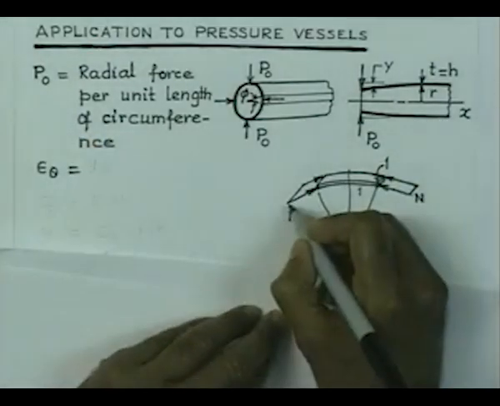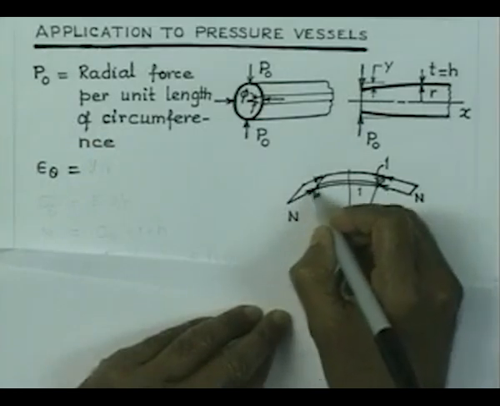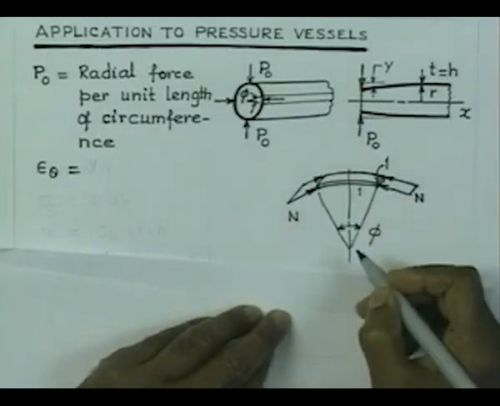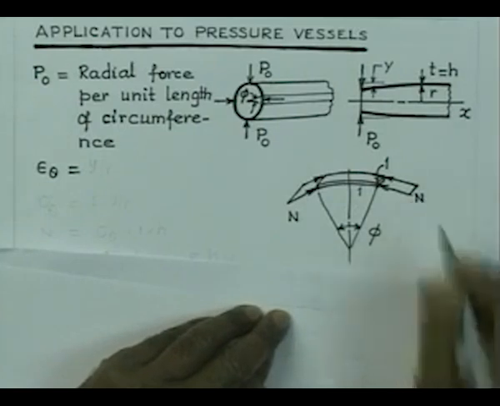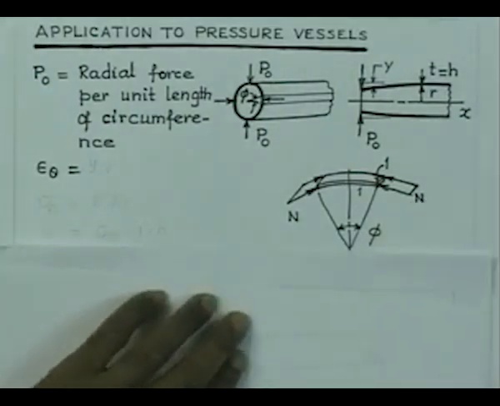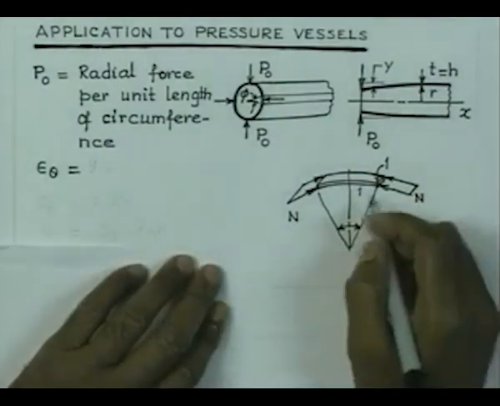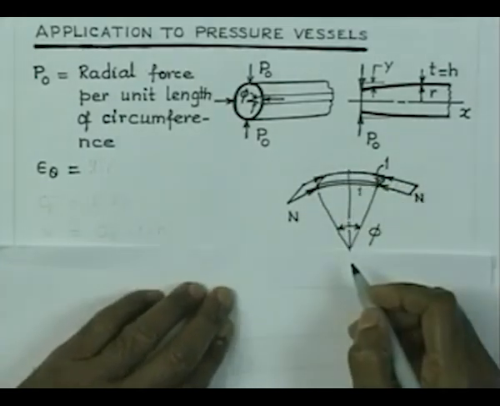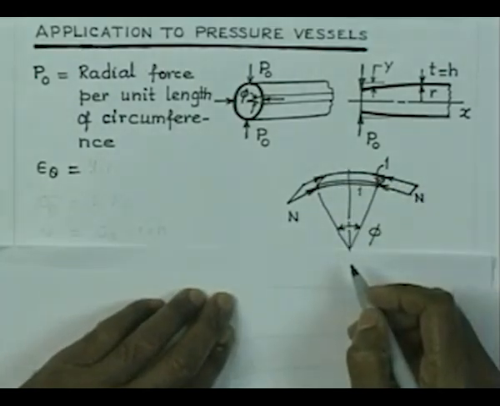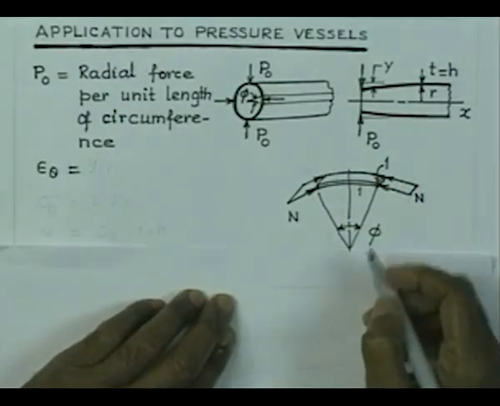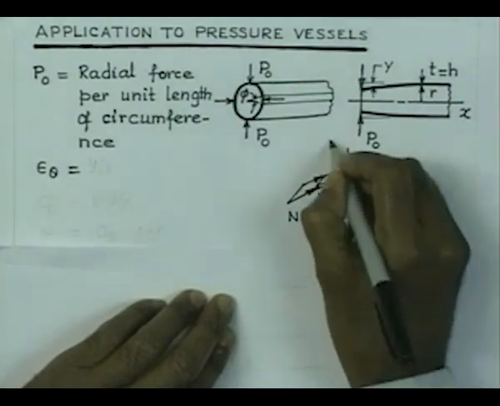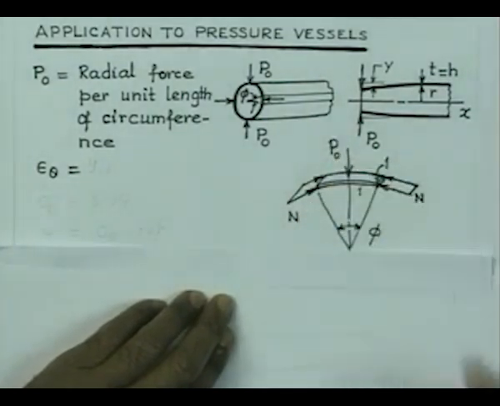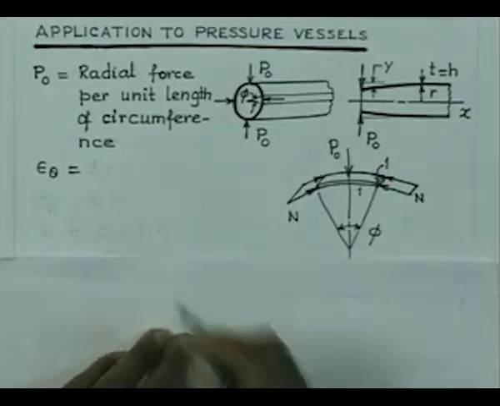So, you find that there is going to be some reaction forces coming up from the remaining cylinder in the circumferential direction, and now we can estimate the value of this N, and then we can take their component in the vertical direction to find out what is going to be the vertical force resisting the movement due to the loading which is externally applied, which is P0 per unit length. So, let us now see that.